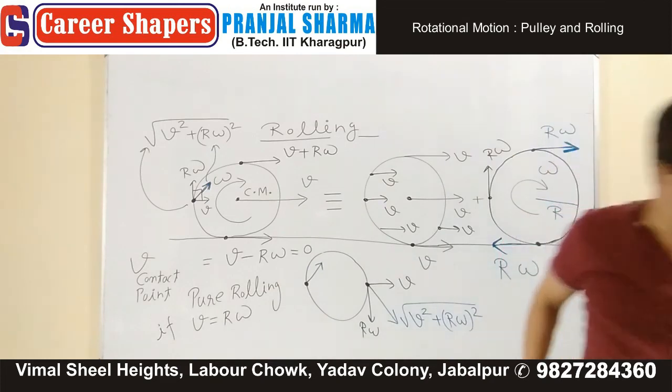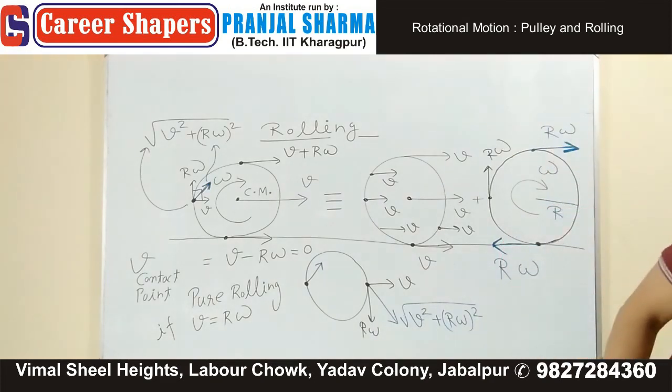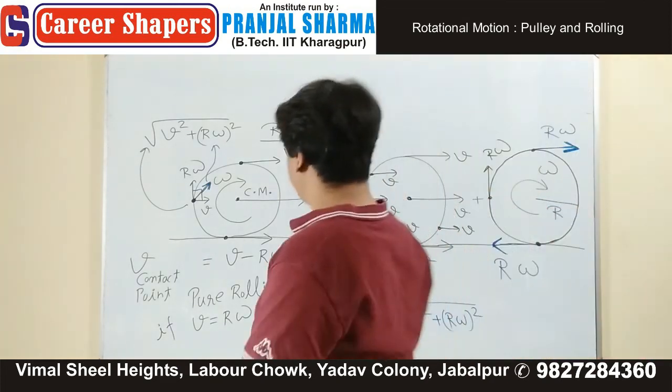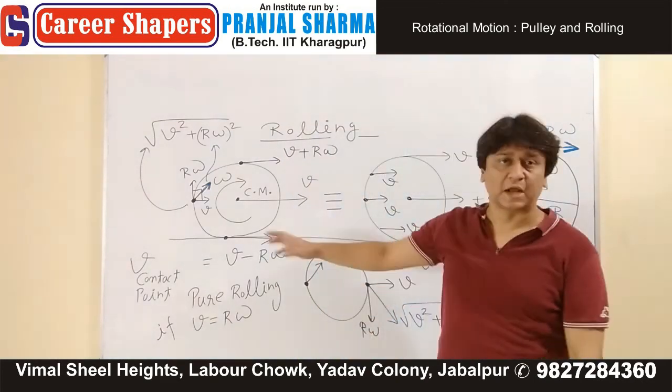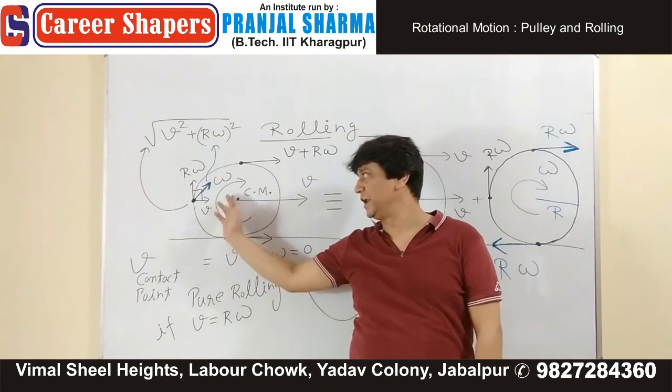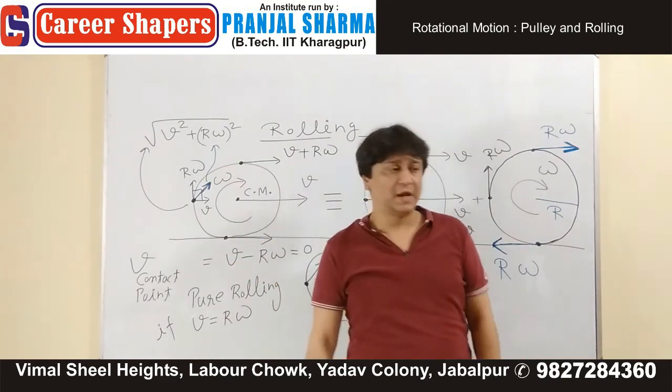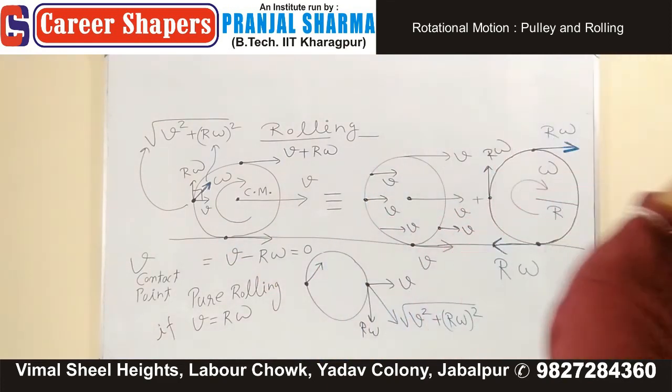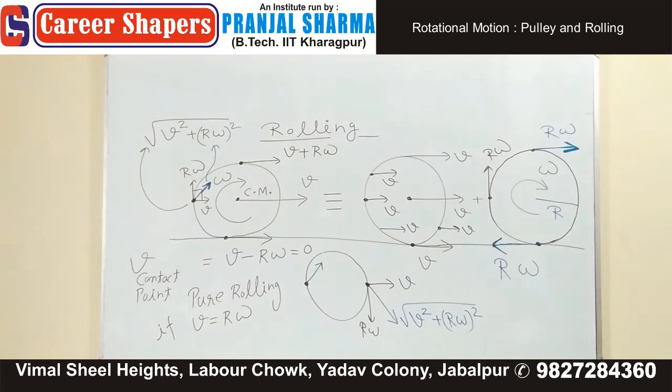Now just the last one minute. Who can give me the kinetic energy of the wheel which is moving with V and rotating with omega? Can you give me the kinetic energy of this wheel? I am giving you just 30 seconds.